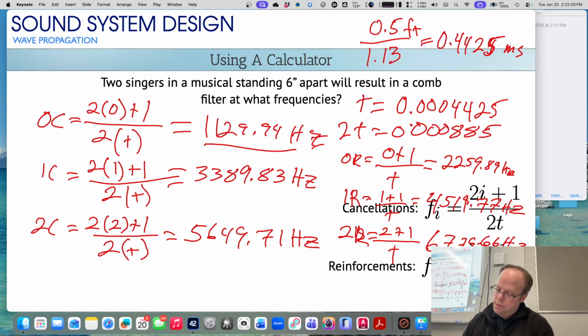Okay, so have you seen this pattern now? Take the first cancellation, 1,129.94, times 2. Times 4 gets you that. Times 6 gets you that. See how that works? It's ultimately really simple.